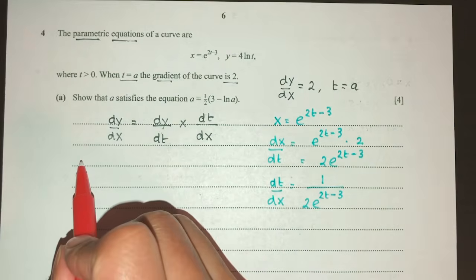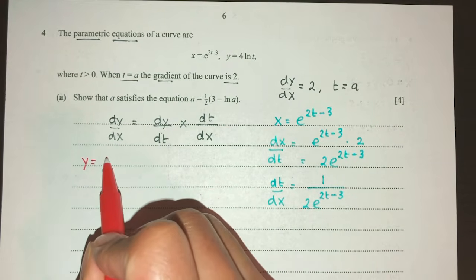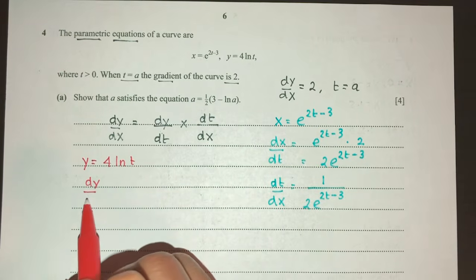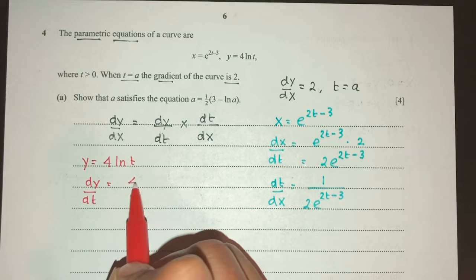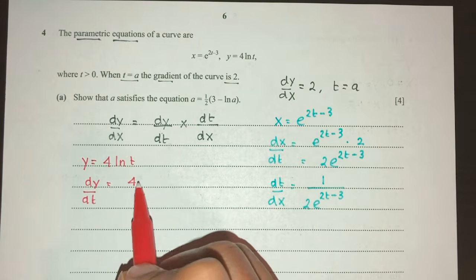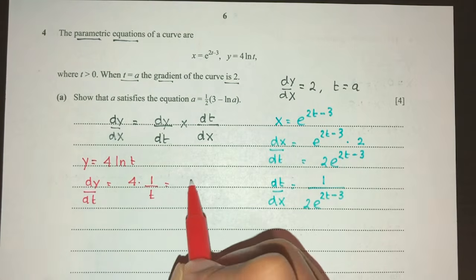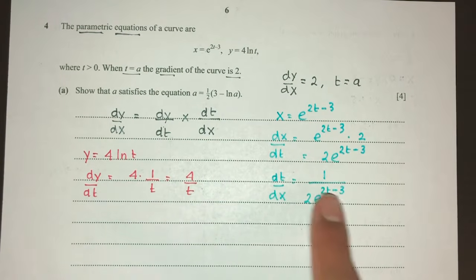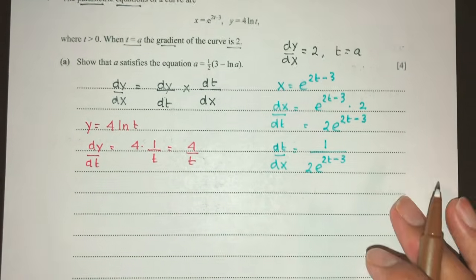Next we have to find dy by dt. So dy by dt is what? y is given to you by 4 ln of t. Now dy by dt is equal to 4, it is only a multiple, and ln t becomes 1 over t. So that will be 4 over t. Now since we have those two values, we place back in the main equation to find dy by dx.